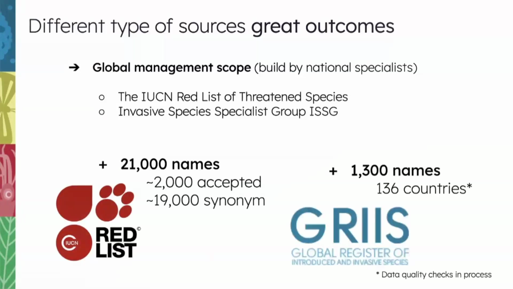From the Global Register of Introduced and Invasive Species, we are getting more than 1,000 names and a really good coverage in terms of countries. With these two sources, we are ensuring that Catalogue of Life has a good coverage of the species that may be of interest for conservation, governments, and policymakers.